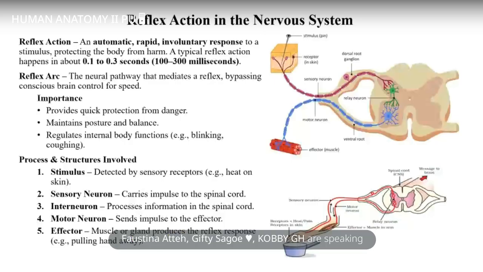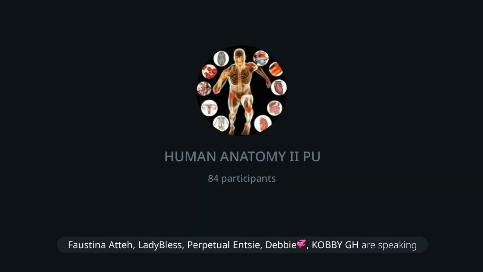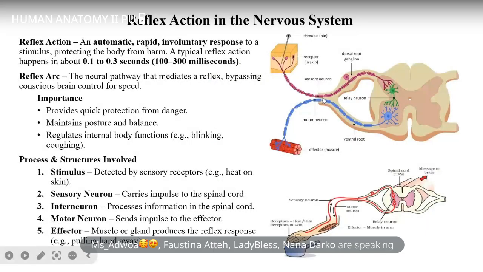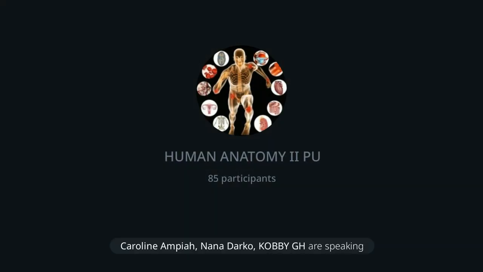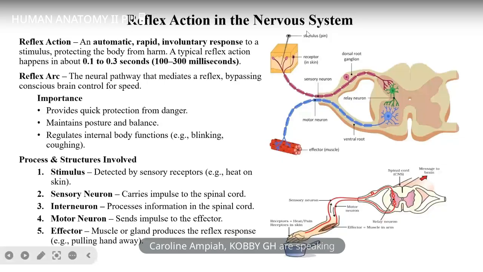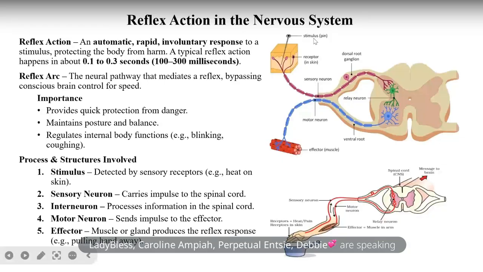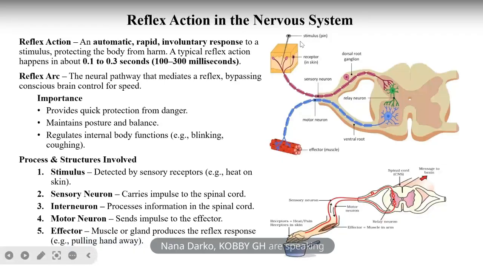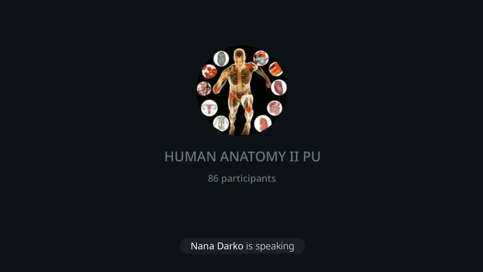Motor neuron. Effector. Stimulus. Sensory neuron.